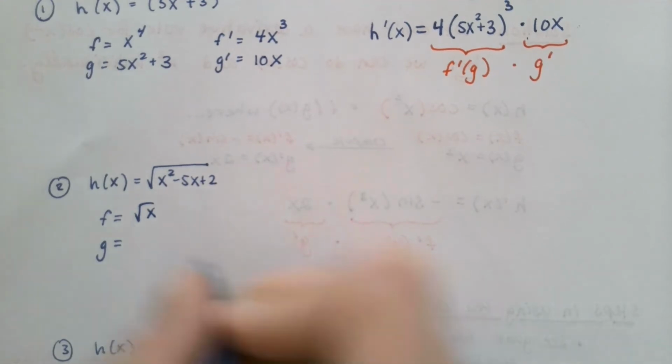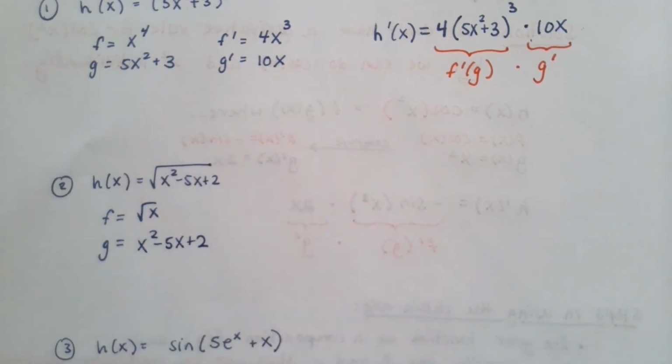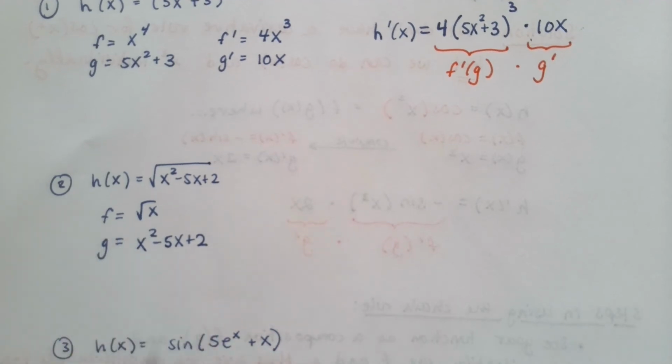And that would make g the polynomial inside, so x squared minus 5x plus 2. And again, if you take a little bit of a leap in this step and you're not sure, pause at this point, compute f of g of x off to the side, and just double check that it gets you where you want it to be. And if it doesn't, tinker with it and try again.